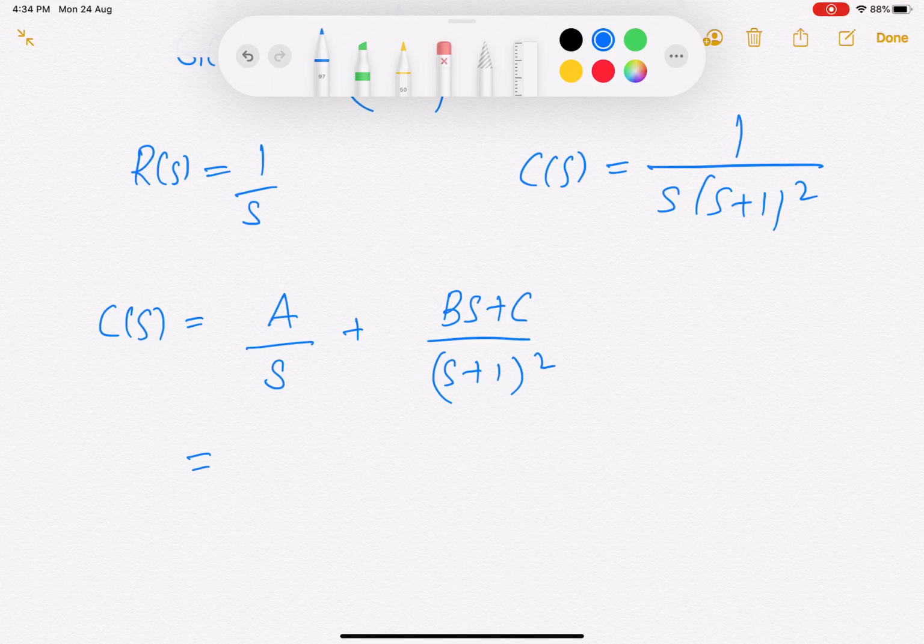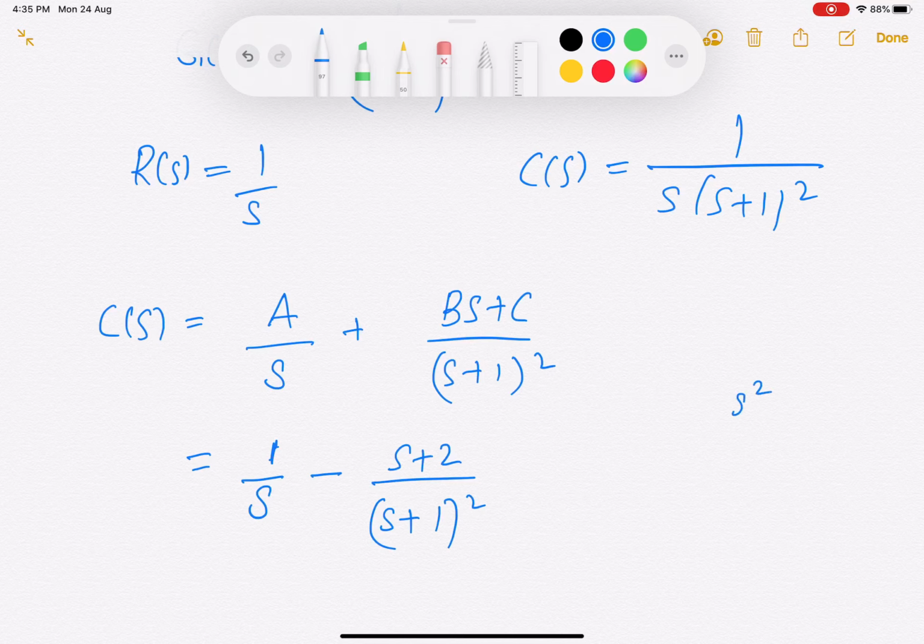I'll get 1 by S minus (S plus 2) divided by (S plus 1) whole square. Do I get this?